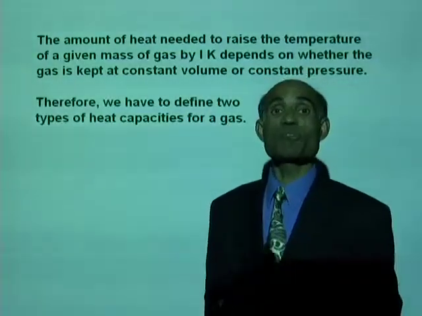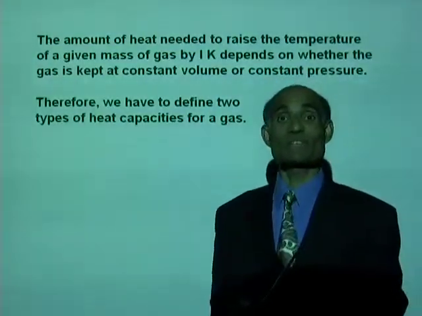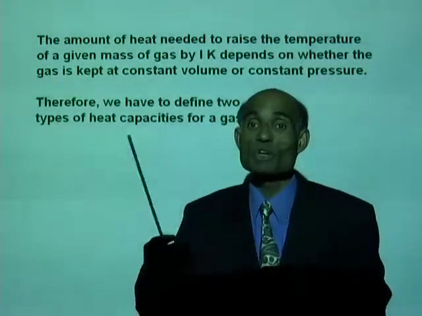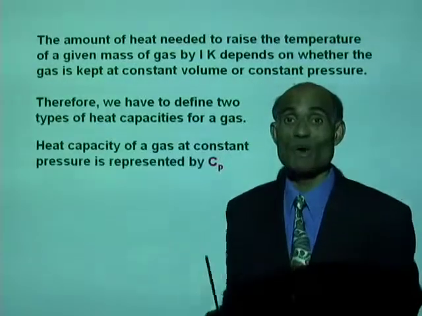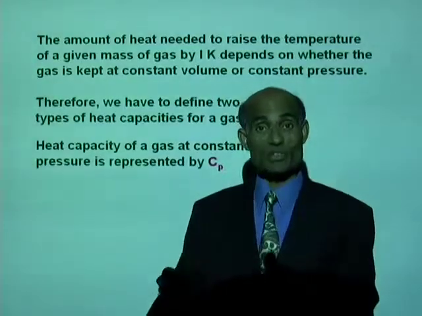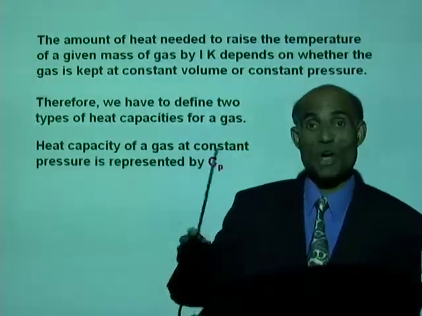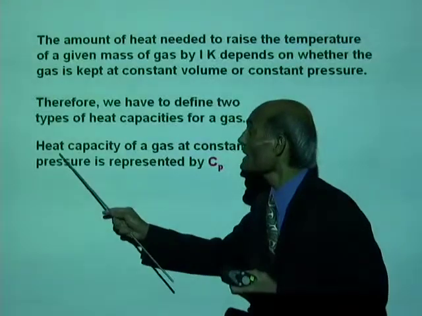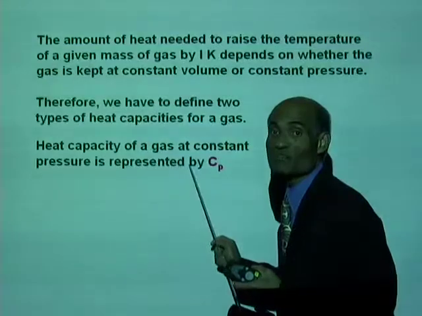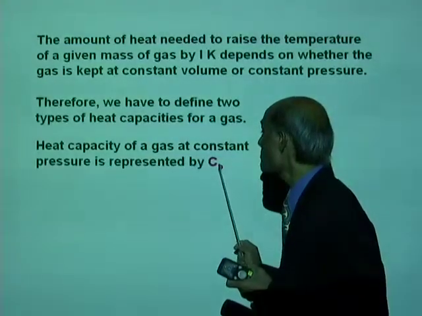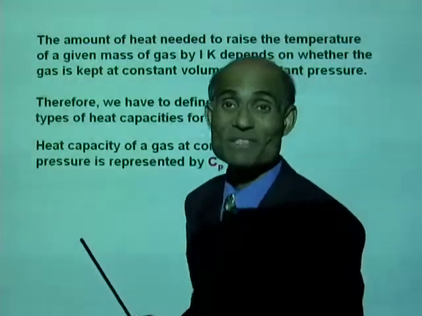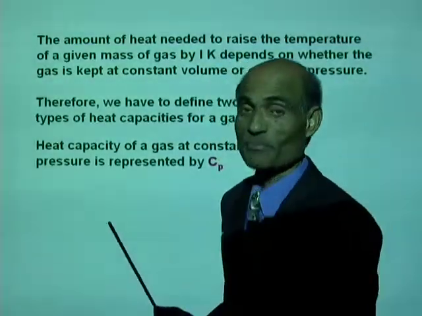Therefore, we have to define two types of heat capacities for a gas. What are they? The first type is when you keep the gas at a constant volume. And the second type is when you keep the gas at a constant pressure. Well, let's take the constant pressure first. Heat capacity of a gas at constant pressure is represented by Cp, C sub P. It stands for heat capacity at constant pressure.